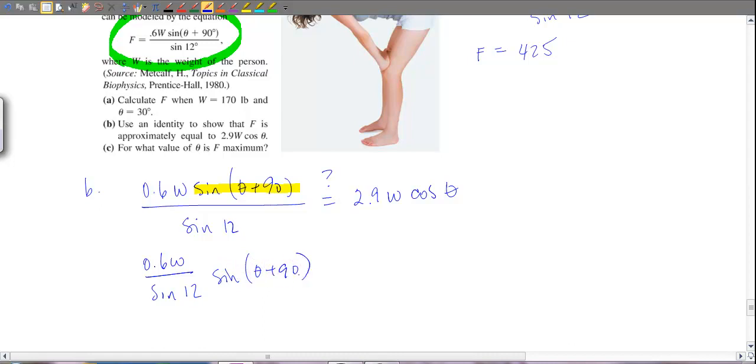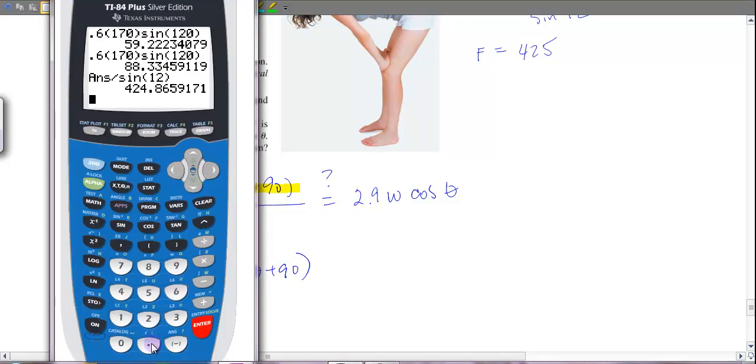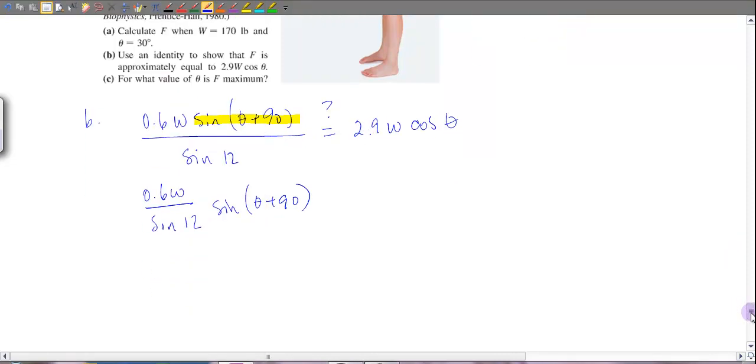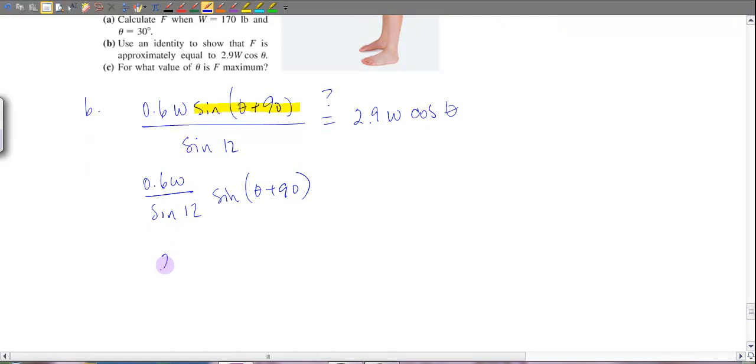I can calculate 0.6 divided by the sine of 12, and that's 2.9, which is what I'm wanting. So I rewrite that as 2.9 W times the sine of theta plus 90.